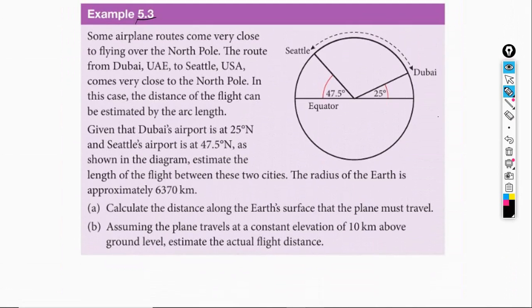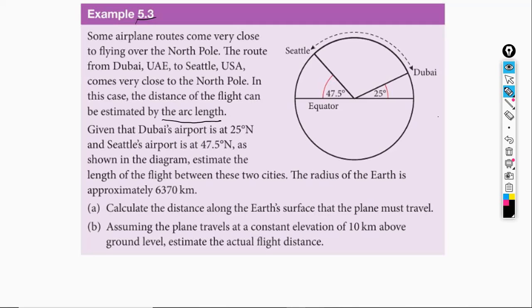Okay, everyone, so here we are now on example 5.3. And they're talking about some airplane routes that come very close to flying over the North Pole. The route from Dubai, United Arab Emirates, to Seattle, US of A, comes very close to the North Pole. In this case, the distance of the flight can be estimated by the arc length.